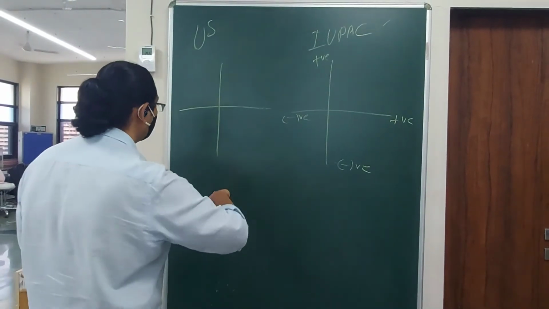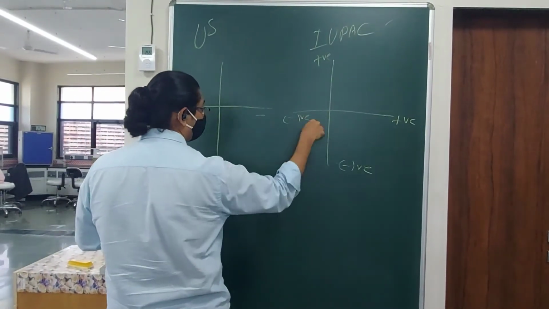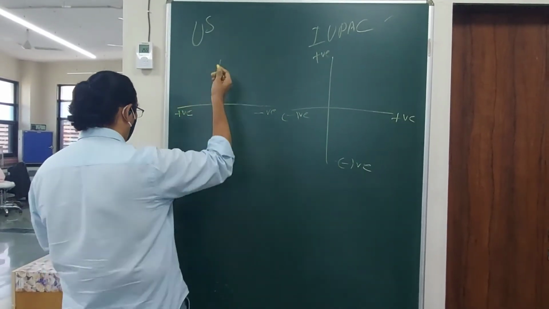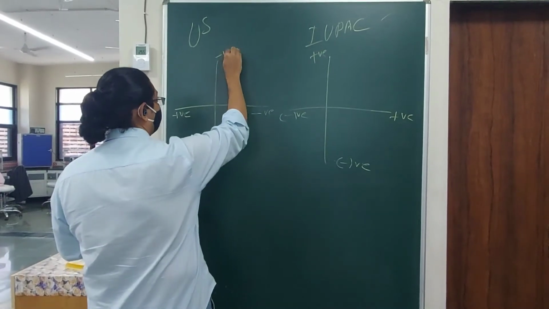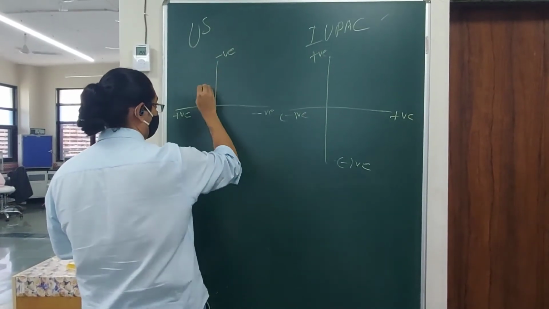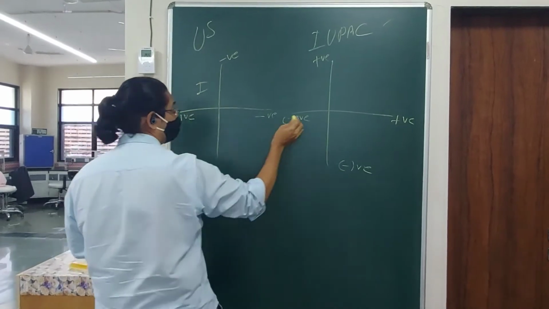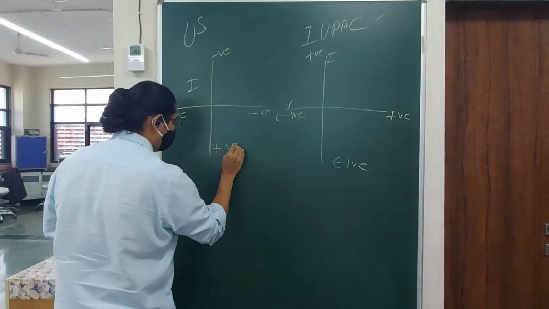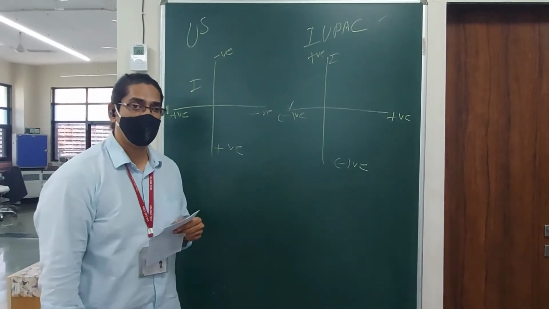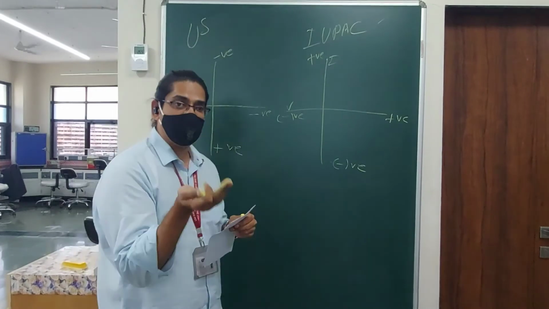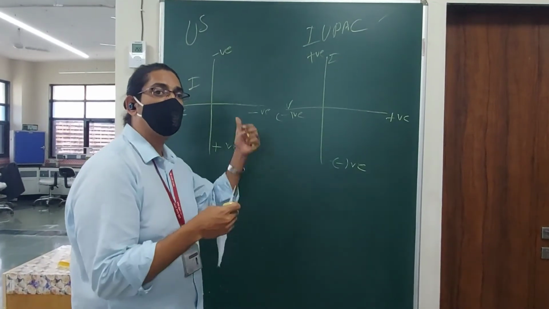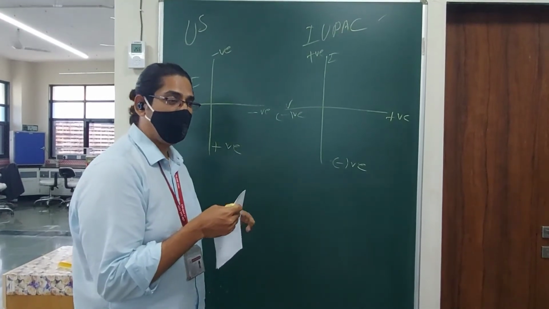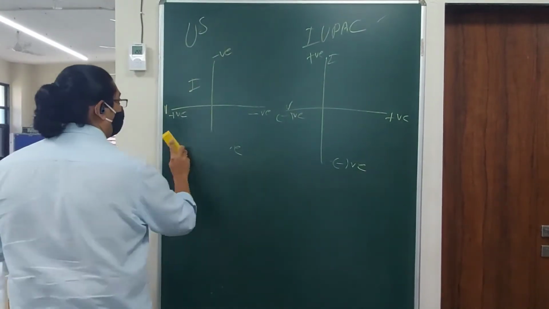Whereas in the US convention it is negative on this side and positive on that side, and for the current negative is on the upside and positive on the downside. So if you see any data, it is extremely important to keep this in mind before you start making your conclusions. Now let's stick to the IUPAC convention.